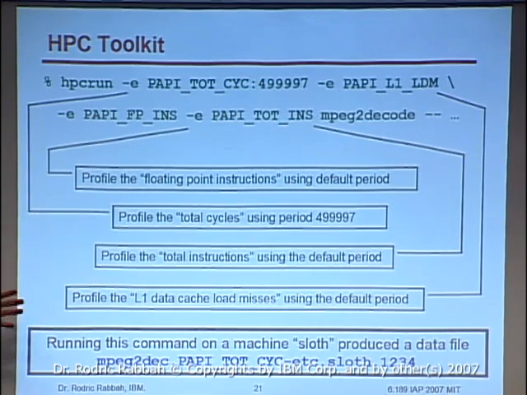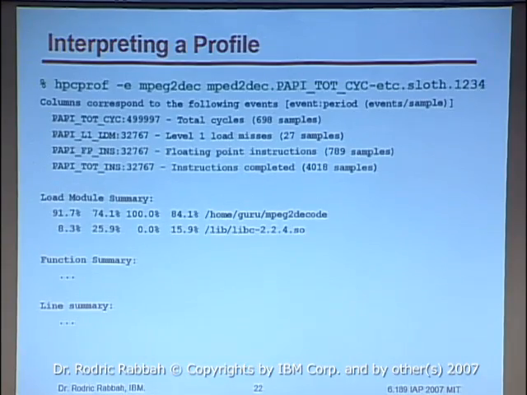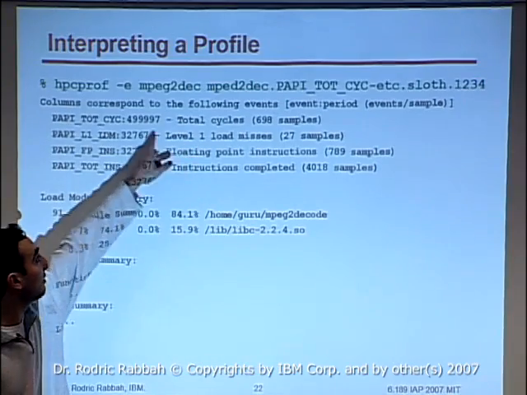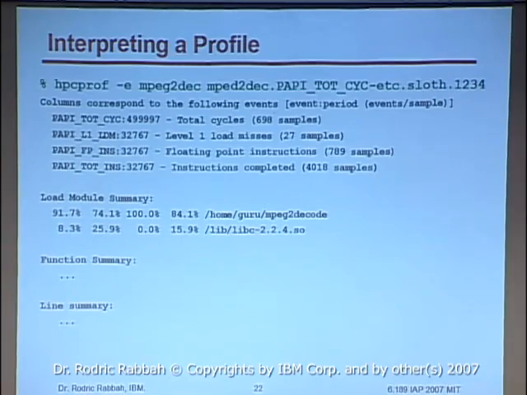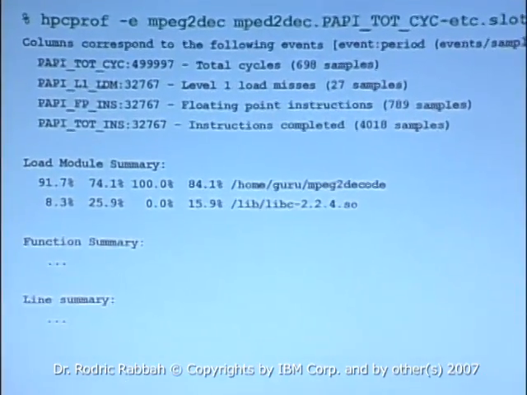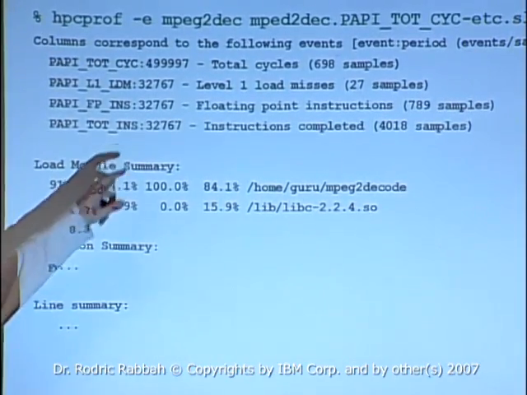As you run your program, you actually get a profiling output, and then you can process that file, and it'll spit out some summaries for you. It'll tell you, this is the total number of cycles, 698 samples with this frequency. So if you multiply the two together, you get an idea of how many cycles your computation took. How many load data misses? It says 27 samples at this frequency.